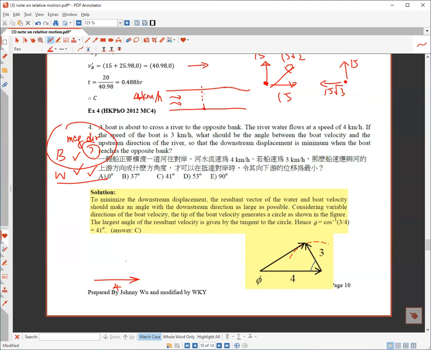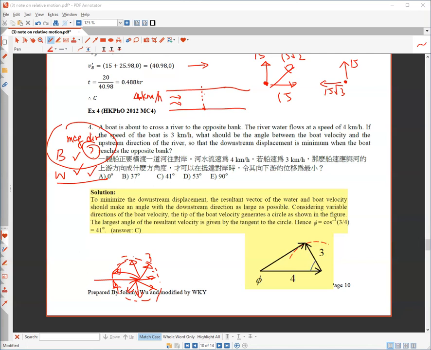Actually, you can draw a circle with the radius 3. So that means it can point towards here, towards here, towards here, towards here, and towards here.